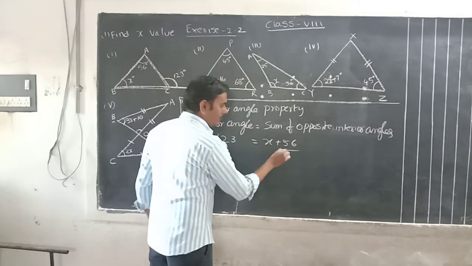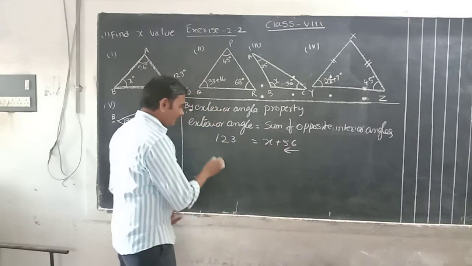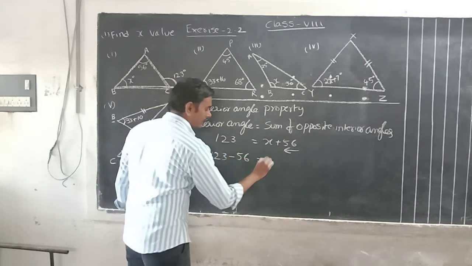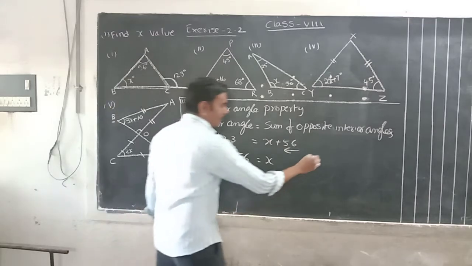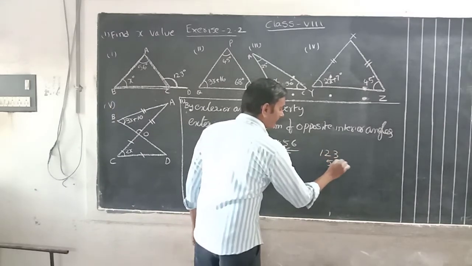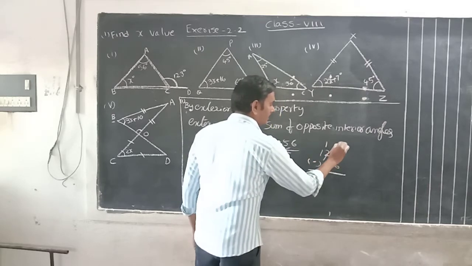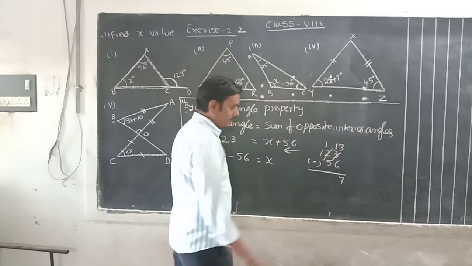Now move 56, because we want to calculate the x value. Now move this one: 123 minus 56 equal to x. By subtracting, how much will we get? 123 minus 56, borrowing subtraction: this will become 1, this will become 13. 13 minus 6 is 7.